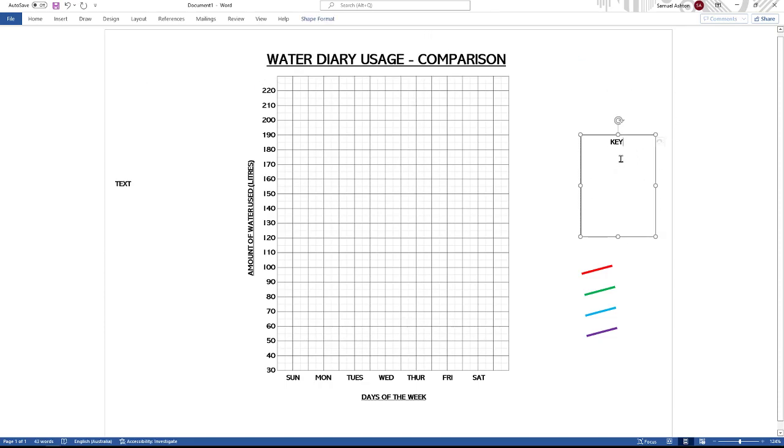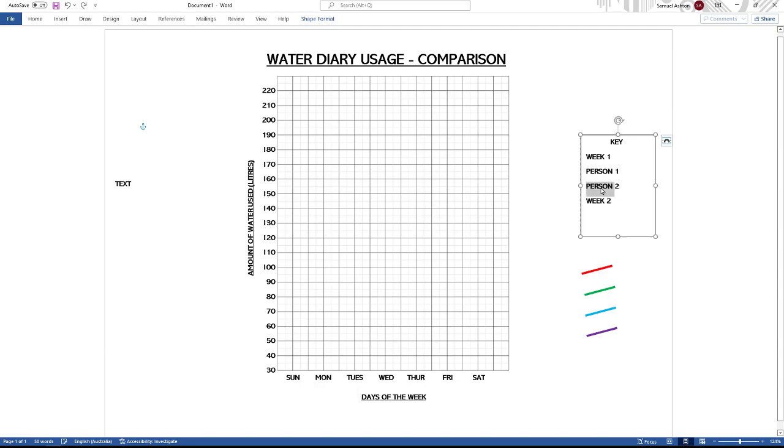Now we just need to fill in our key. So our key, we need to separate this into week 1 and then week 2. So person 1 is going to be Shari.